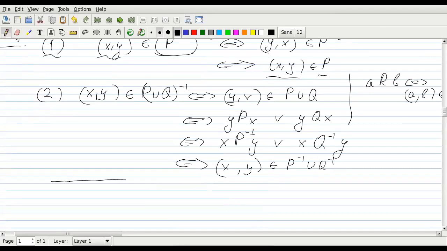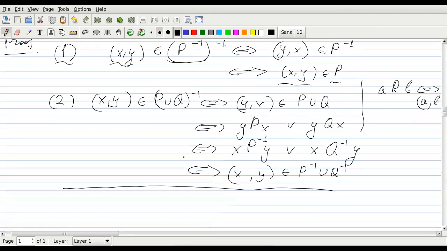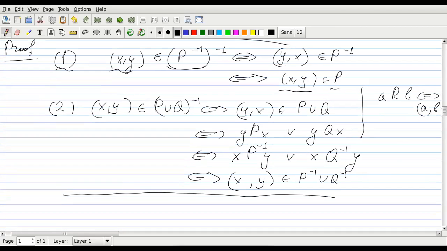We prove that xy just an element, and in this case we can say only that the converse of P union Q is a subset of the union of P converse and Q converse. No, why? Every step is an equivalence.